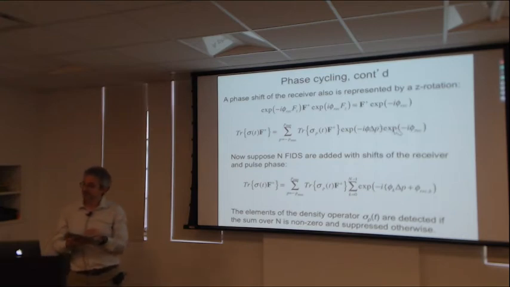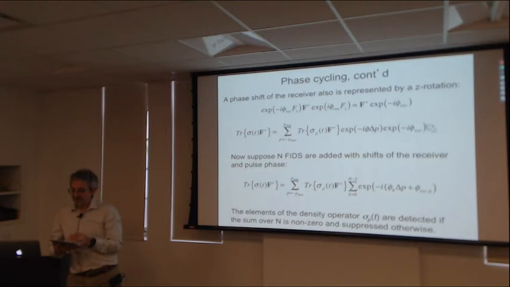So the phase of the signal we want plus the phase of the receiver is 0, so that the complex exponential will become e to the 0 as well. And then we hope, if we've arranged this properly, that this summation for the signals we don't want will go to 0.